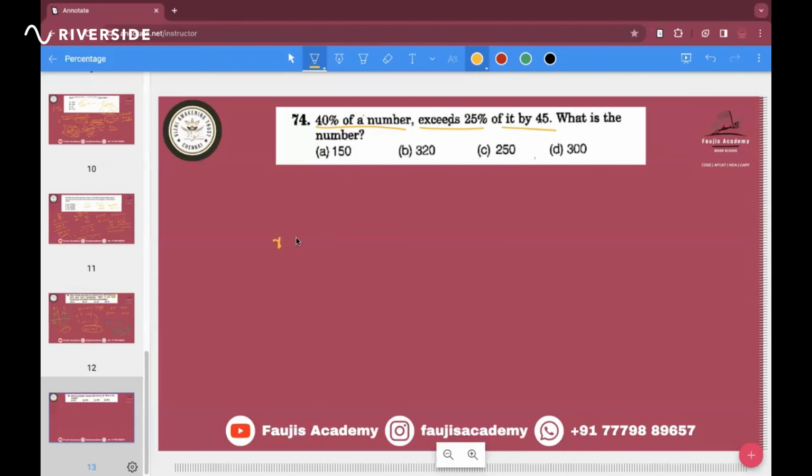That means x of 40% minus 25% is equal to 45. Right? So x of 15 by 100 is equal to 45.